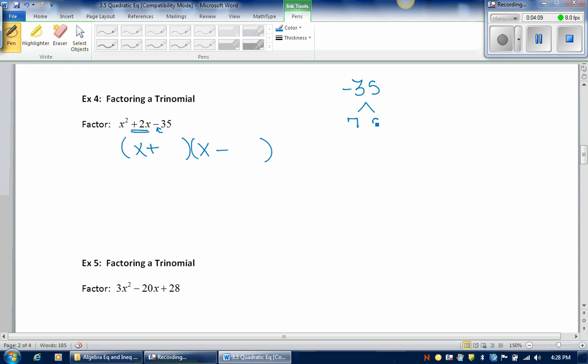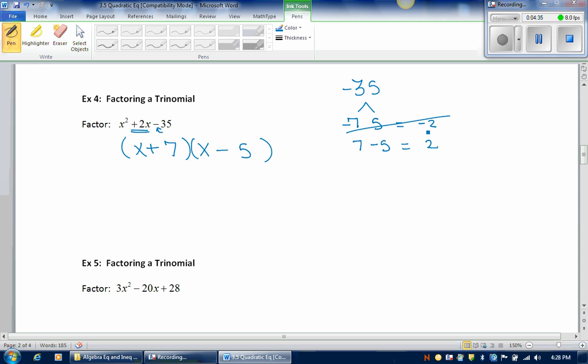So 7 and 5, negative 7, positive 5. But that's going to add to be a negative 2. 7 and negative 5 will give me a positive 2. So positive 7, negative 5. Okay, that one rejected because it gave me a negative.